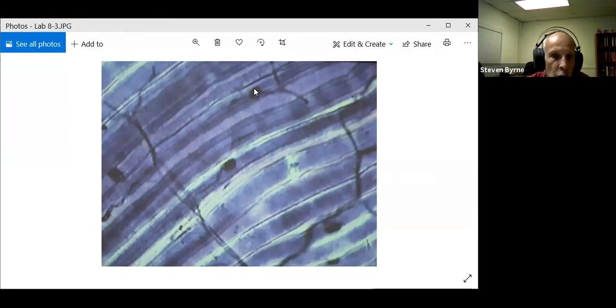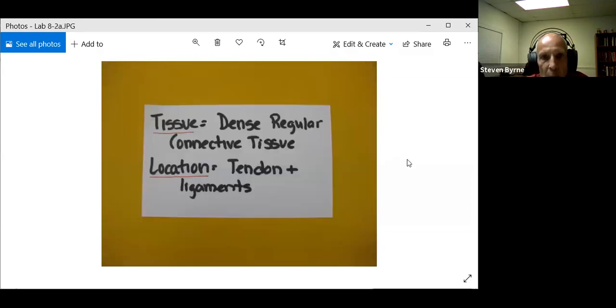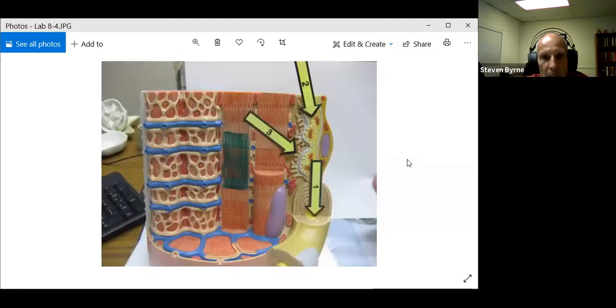So if I need to contract or get more force, I'm going to have more of these neuromuscular junctions exciting the muscle, recruiting these muscles to do a certain job. Okay? All right, so here's a model. This will give us an idea. Here's the axon, number 1. Number 2 is the sarcolemma. See the little white lines there, the little dots?